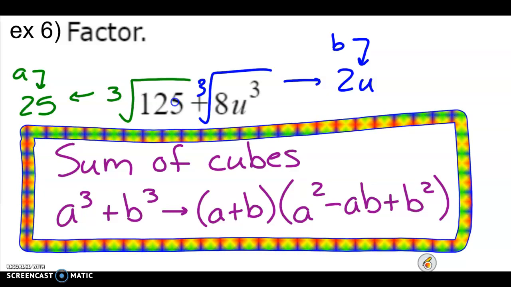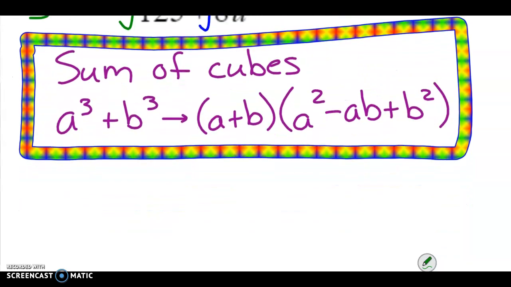Okay? So then in this situation, you end up with your A plus B out front. Oh, I'm sorry, I made a mistake up here. The cube root of 125 is 5, not 25, sorry. So your A is 5, not 25. So you end up with your A plus B being 5 plus 2u.